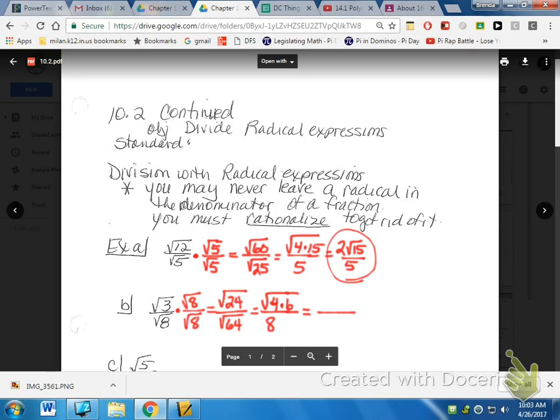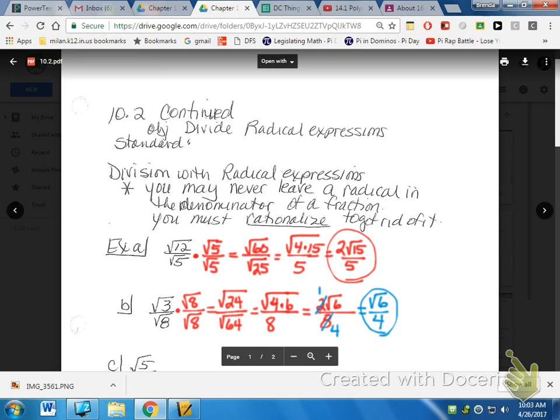The 4 would come out as a 2. 2 radical 6 over 8, and I am not done because of the 2 and 8 being able to reduce. So that would become a 1, and that would become a 4. Simplified answer, radical 6 over 4. Question about that?